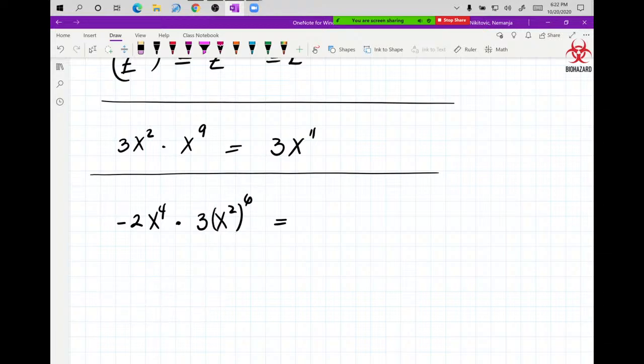So I'm going to copy negative 2x to the fourth times, I'm going to copy 3, and this becomes x to what kind of power? 12th, right? Beautiful, 12.